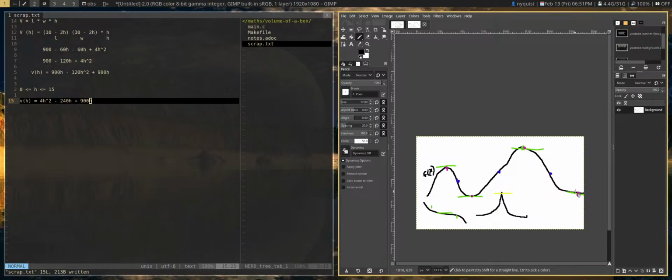Obviously, you can just look at this and it's very clear here what is a local maximum and local minimum. But hang on one sec. I'll be back.